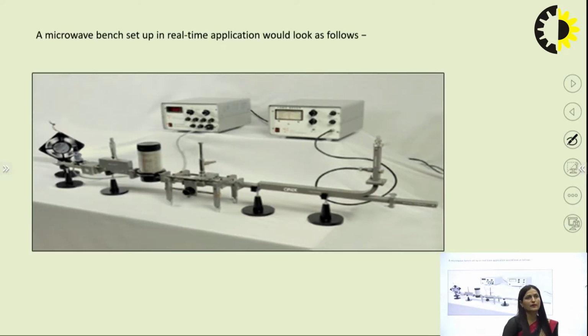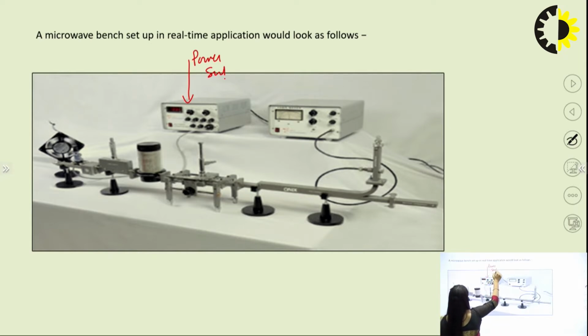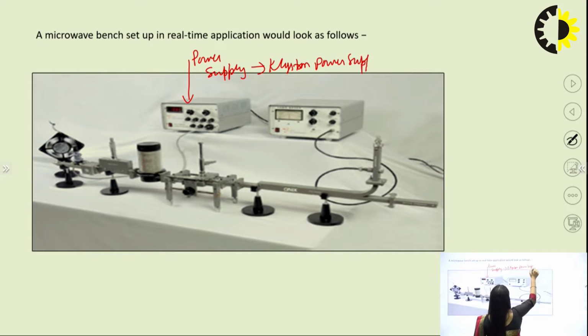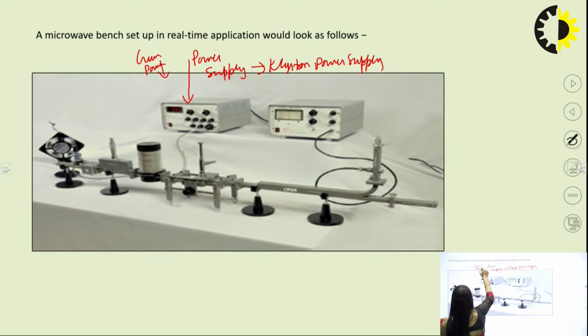See here, this is a practical diagram, a practical setup of a microwave test bench in any lab. This is your power supply basically. If we are using a klystron in the test bench, this can be a klystron power supply, or if we are using a gun diode, this will be your gun power supply, right?